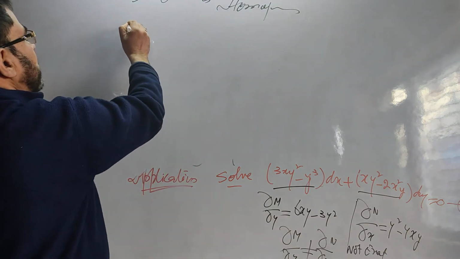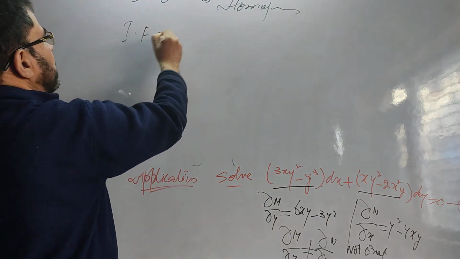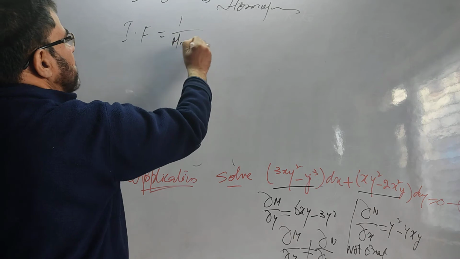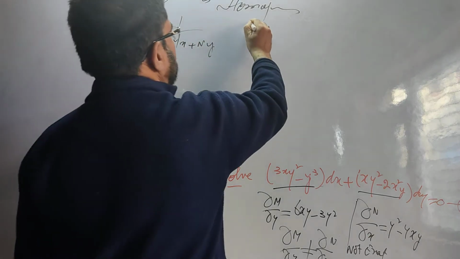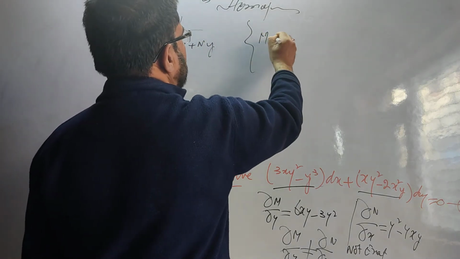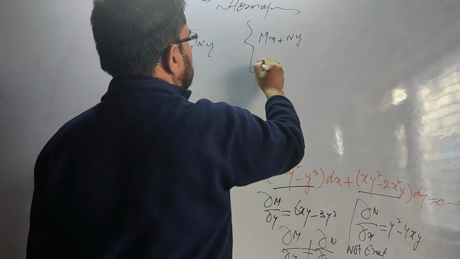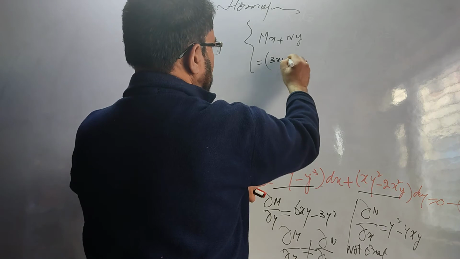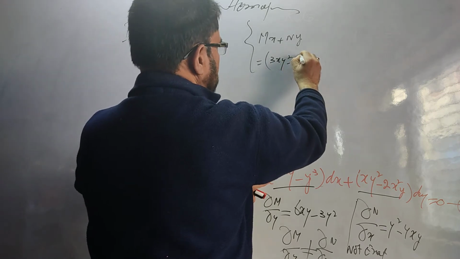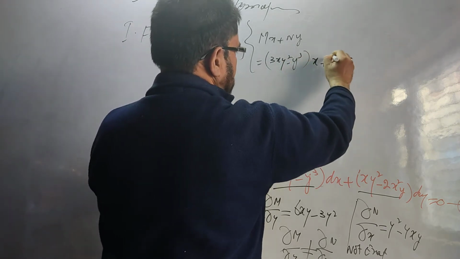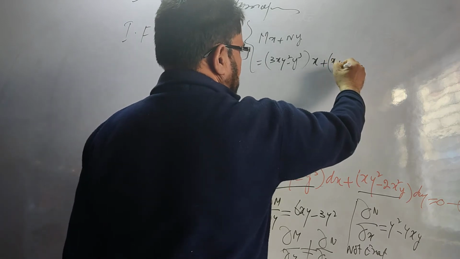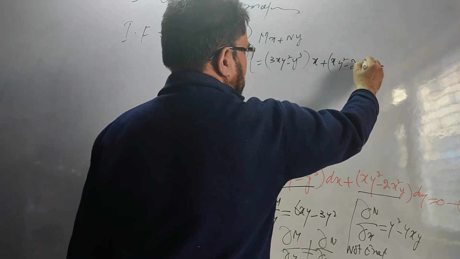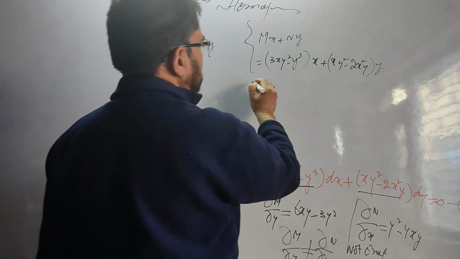So we can have the integrating factor 1 by Mx plus Ny. Let me find out Mx plus Ny. M is (3xy² minus y³) into x, plus N, which is (xy² minus 2x²y) into y. Let us simplify this.